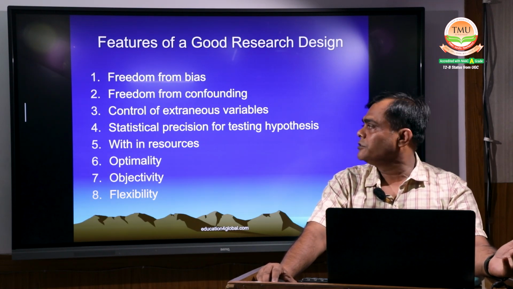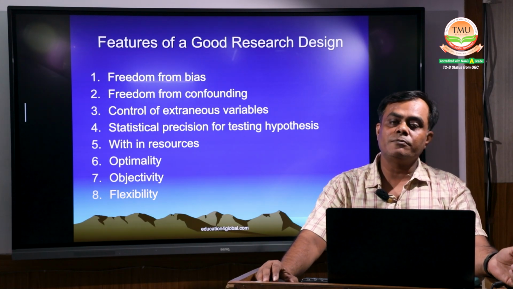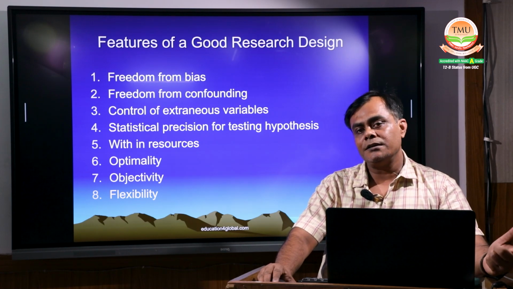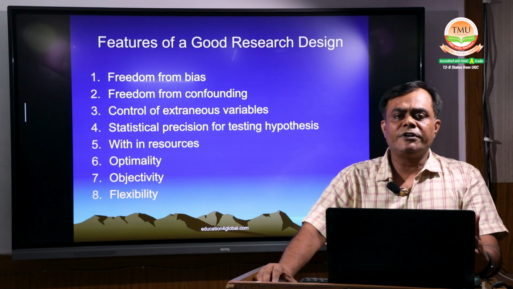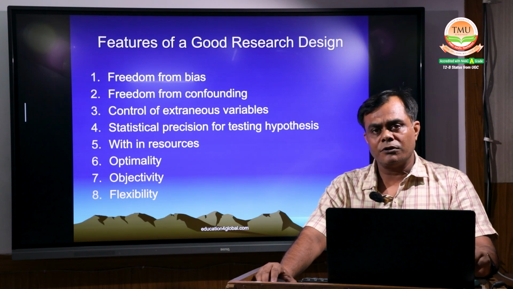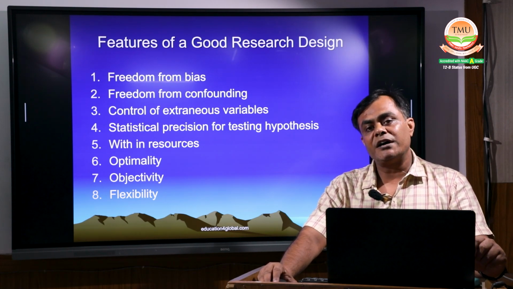The first feature of a good research design is freedom from bias. Whatever the information, input, analysis, interpretation, findings and conclusion we gather through our research study, should be free from bias.